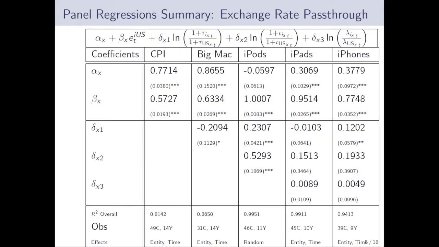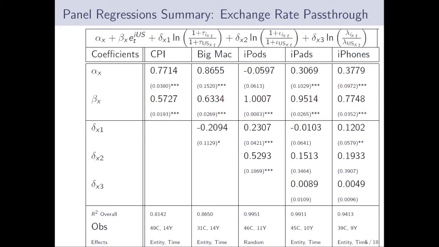So this following table summarizes our regressions on exchange rate pass-through using various relative price measures, but including also transaction cost measures. So this is done by adding transaction cost measures on value-added tax or general sales tax, import tariffs, and shipping rates.